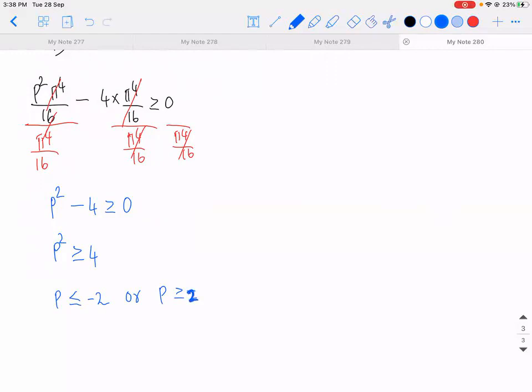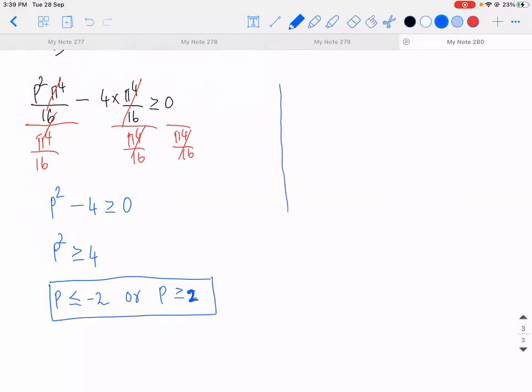Why? Minus 2 or any value less than minus 2, the square of that value will be greater than or equal to 4. Any value of p greater than or equal to 2, the square is again greater than or equal to 4. So we got the solution of this quadratic inequality as p less than or equal to minus 2, or p greater than or equal to 2.